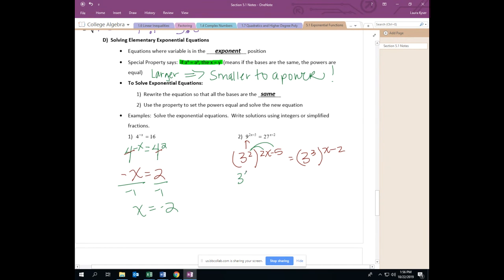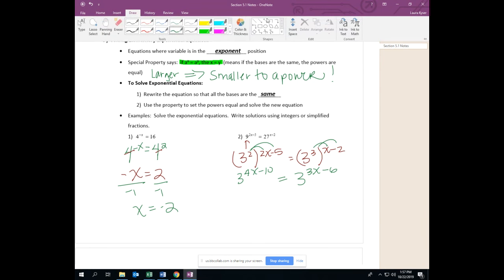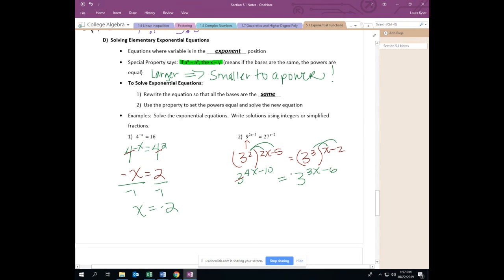So this is 3 to the 4x minus 10. This side is 3 to the 3x minus 6. Now it just looks a little bit nicer. So we can go ahead and drop our bases. And now we have some expressions, and that's all right. 4x minus 10 equals 3x minus 6.